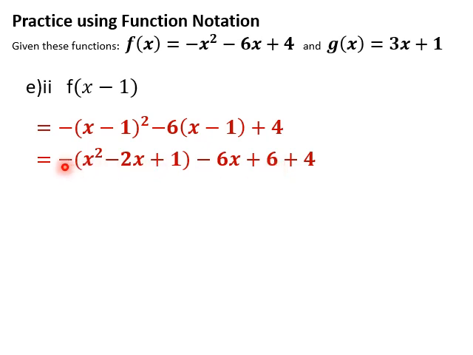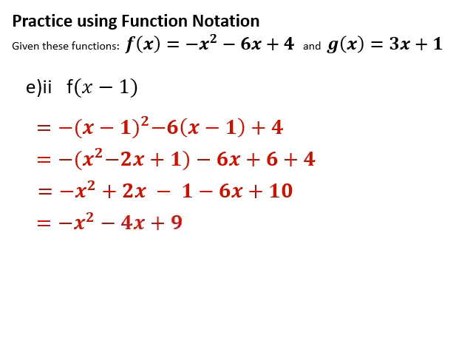I didn't bother distributing the negative yet. I'll do that in the next step. Here I distributed the negative 6 to the x and to the negative 1. And now I'm ready to distribute the negative, and now I want to combine like terms. And so I get negative x squared minus 4x plus 9. And that's it. We're just going to leave that one as an expression.